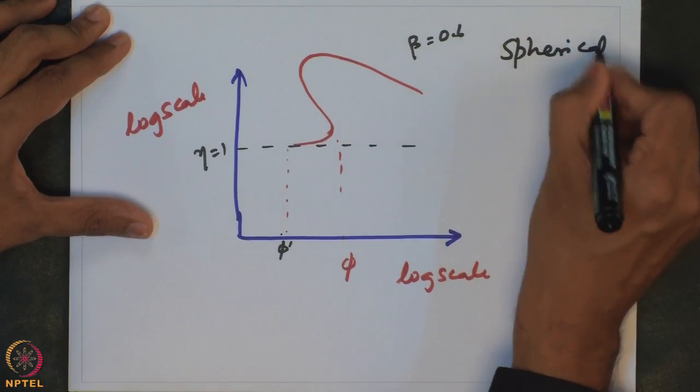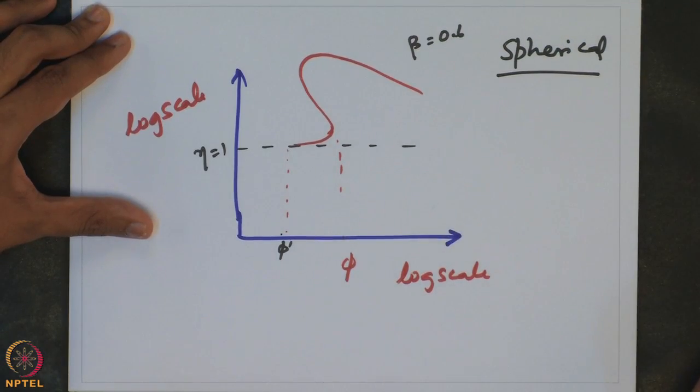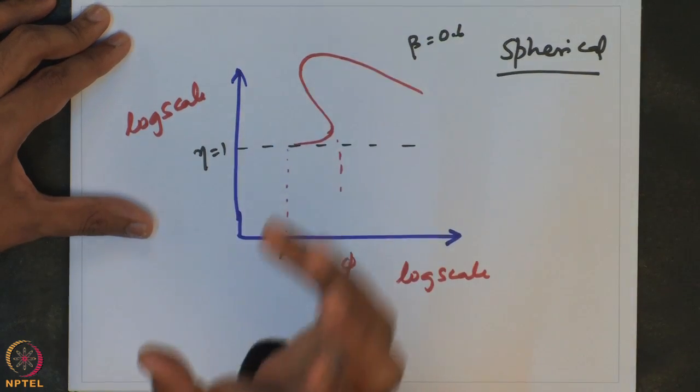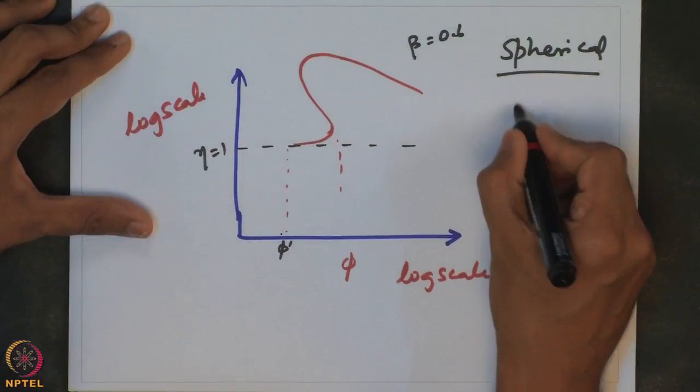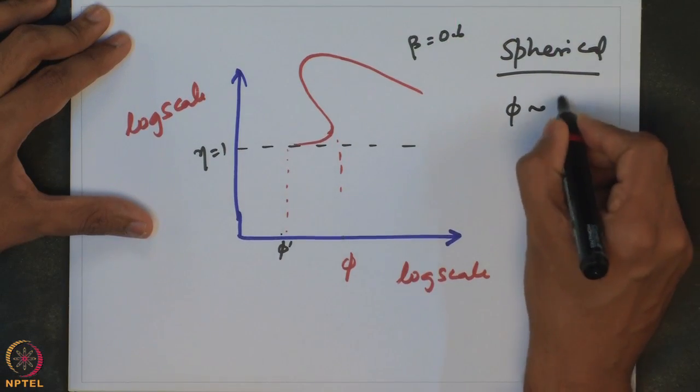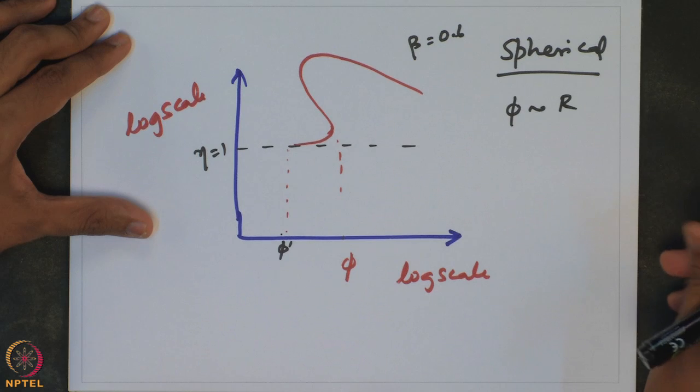Suppose if it is a spherical catalyst pellet, then by changing the radius of the catalyst pellet, which means I now use a different size catalyst pellet, I can actually change the Thiele modulus for that particular system, because phi is proportional to the radius of the catalyst pellet.